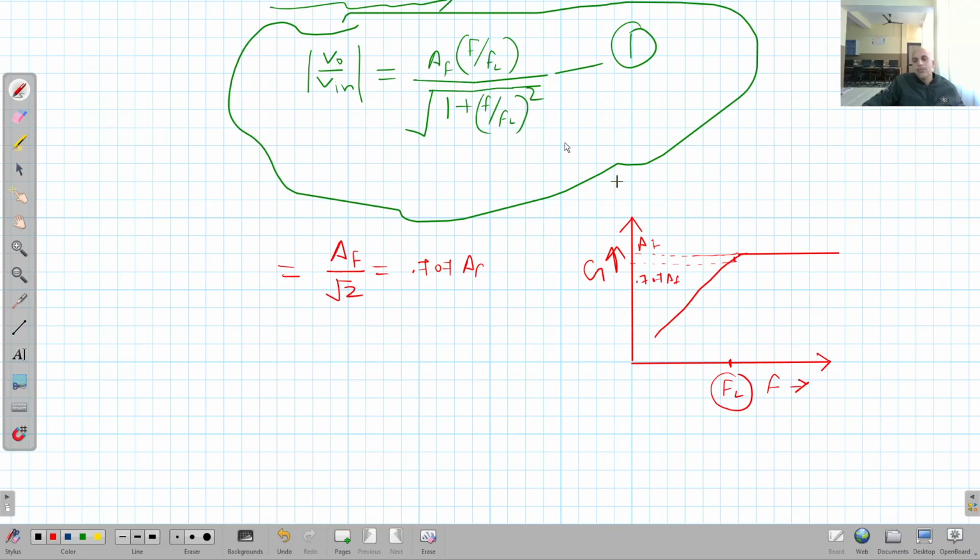Clear? So AF will be multiplied by some factor, so we will get this response. Clear? In this case, here you can separate these two bands. This is the pass band, and this is the stop band. Clear?